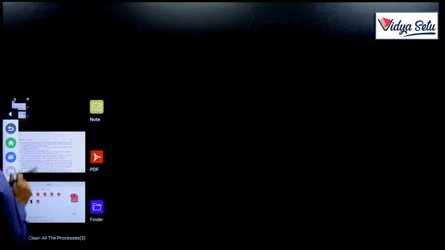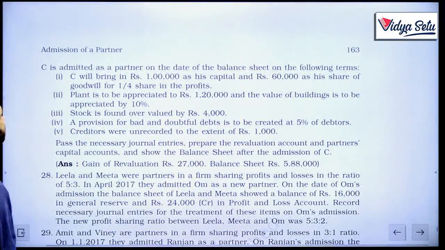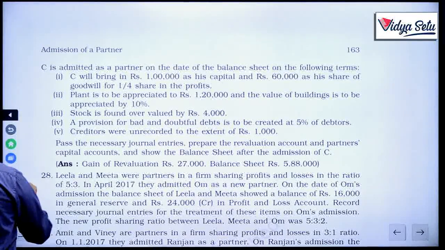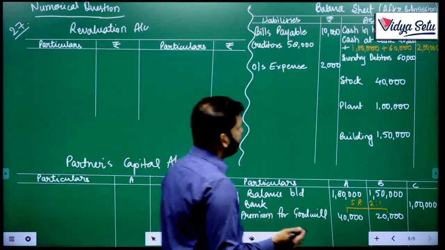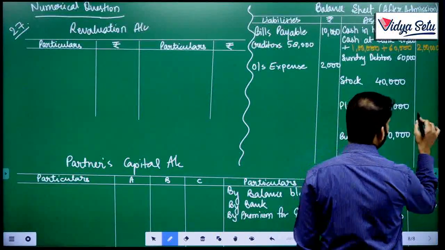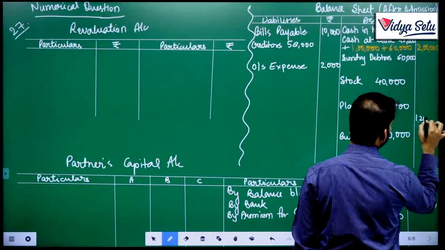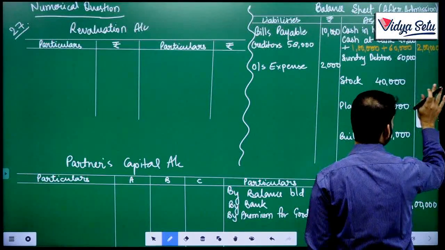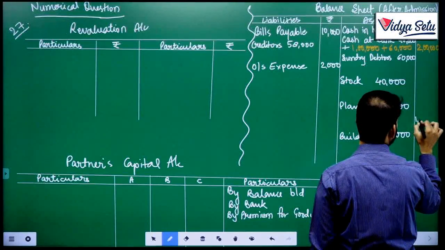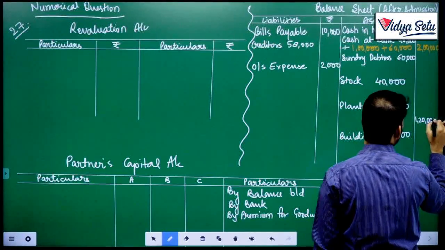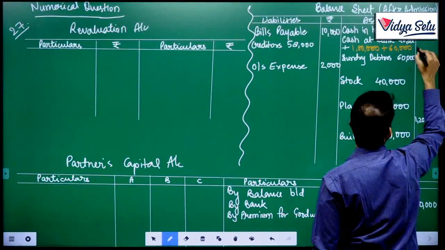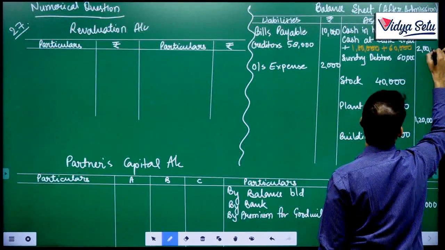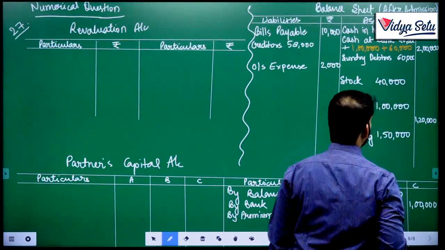Let's look at the new entry. Plant is to be appreciated to 1,20,000 and building by 10%. So plant they are saying should be 1,20,000. Now, why this 1,20,000?